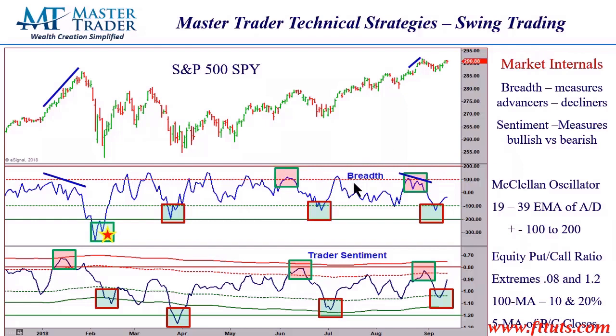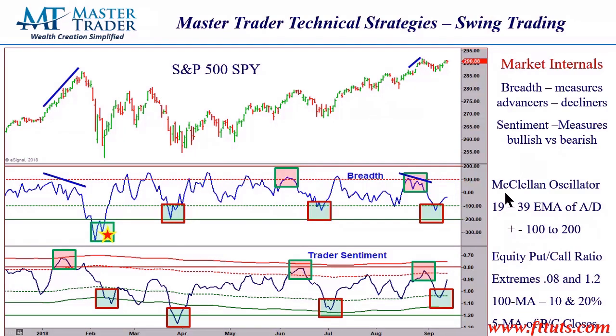Now, the breadth is based on what's called a McClellan oscillator. All that is, if you're looking at advancing stocks minus declining stocks, that squiggly line, that EKG of advancers minus decliners whipping back and forth, and then applied two moving averages.